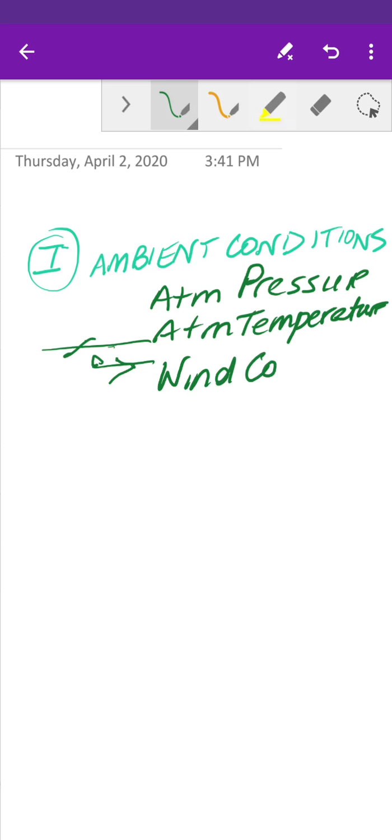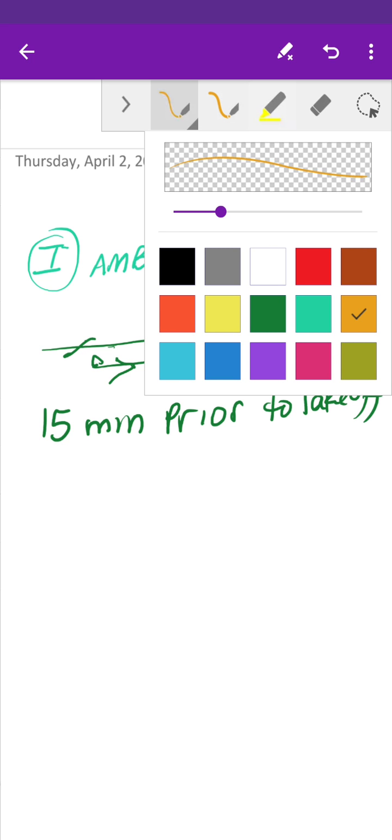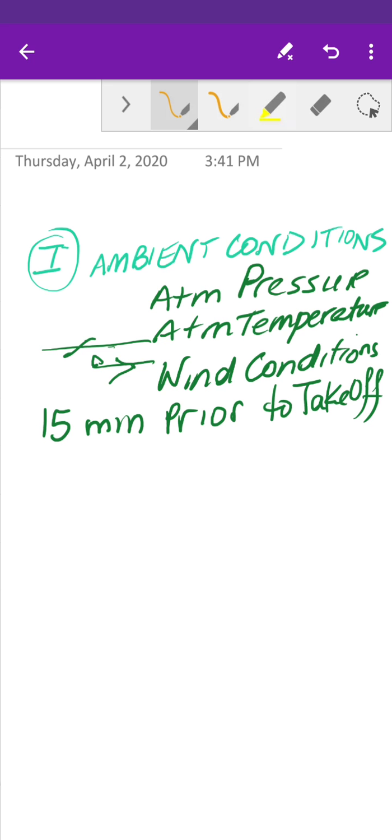Now this is at a particular airport in the period of the 15 minutes prior to takeoff. The thing is, the pilot is at the airport, so quite easily the pilot can look around and determine what the wind conditions are.